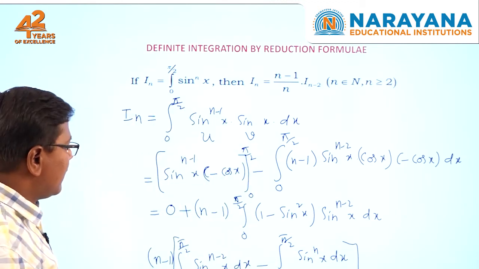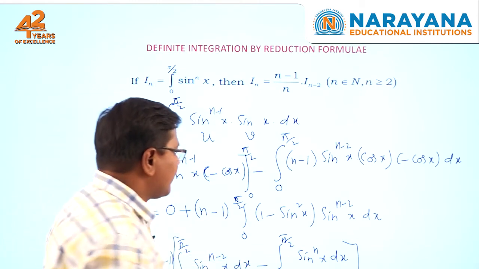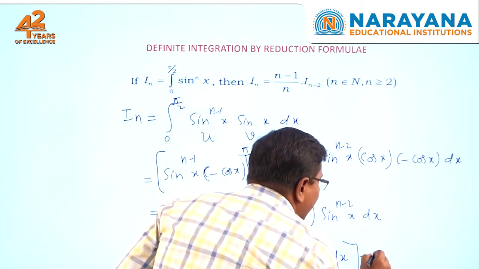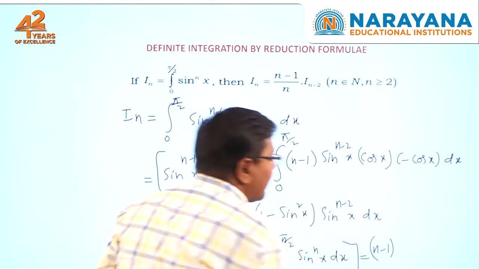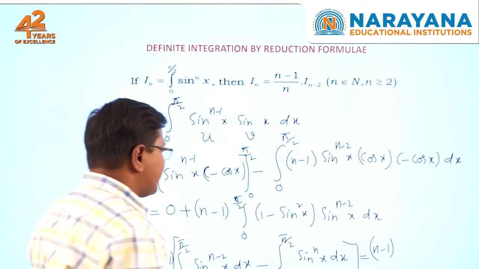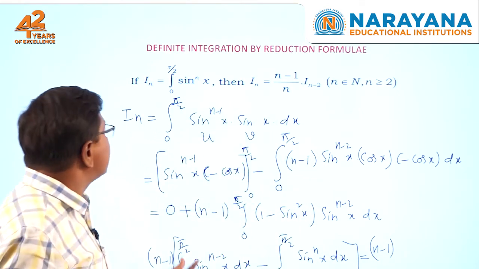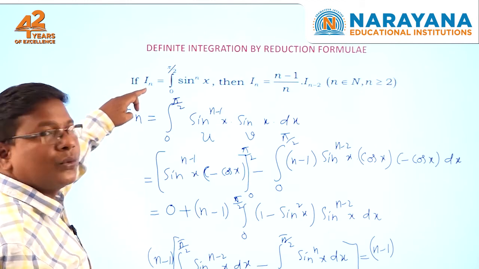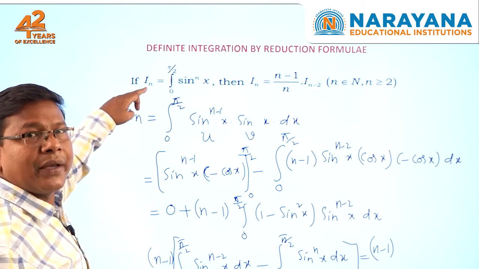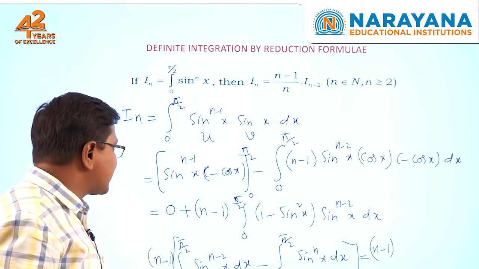If you remove the bracket further, you will get n minus 1 into the integration. Look, in the place of n, if you write n minus 2, we get this function.